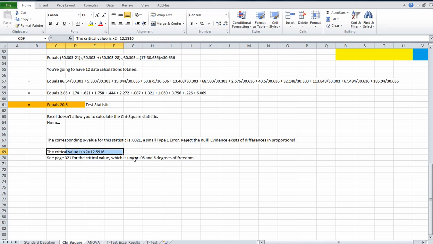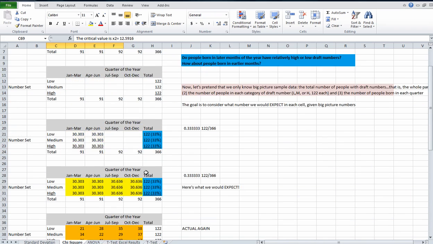Remember, we talked about that there are two ways, really, that you can determine whether to reject the null. One is by looking at the p-value, which, frankly, that's enough. Anybody who knows that knows enough. But for those of you who want more detail, you can also, according to the book, reject on the basis of the critical value and whether the test statistic in this case exceeds it. 20.6 exceeds 12.59, and as a consequence, you can reject the null.